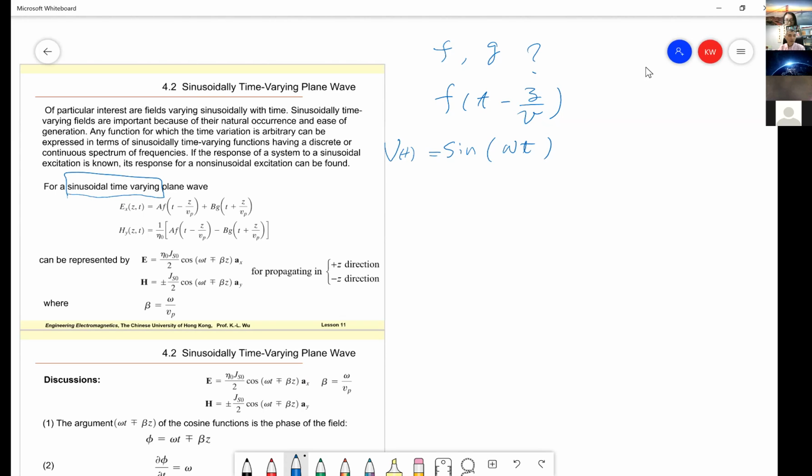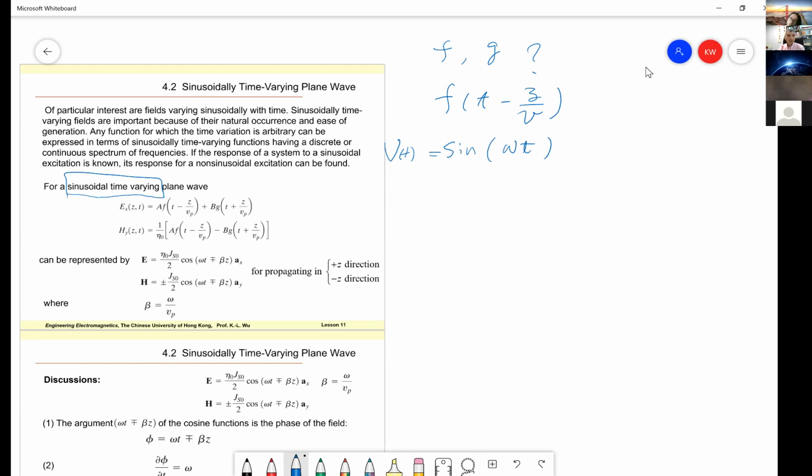I don't need to repeat how important it is. If you know the Fourier series and the Fourier transformation, we all deal with sinusoidal waves.